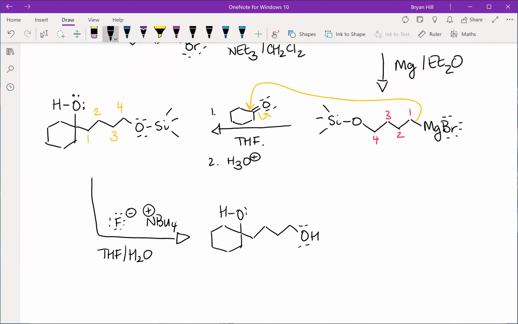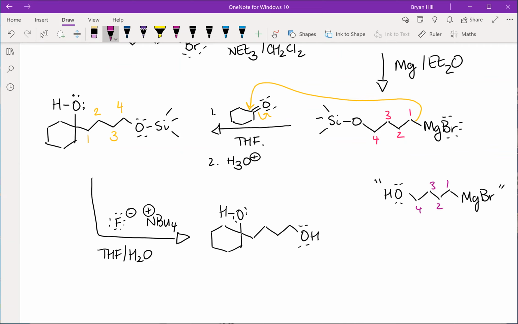So that would be the equivalent of essentially using this type of reagent because you've got the appropriate number of carbons. 1, 2, 3, 4. But remember, we can't make what I've got in quotes here. You can't make it, but it's the equivalent of doing that.